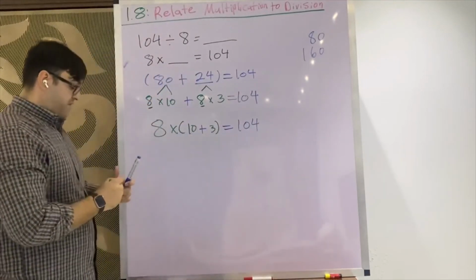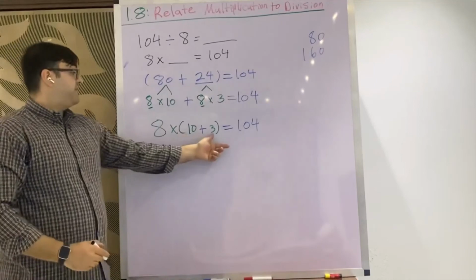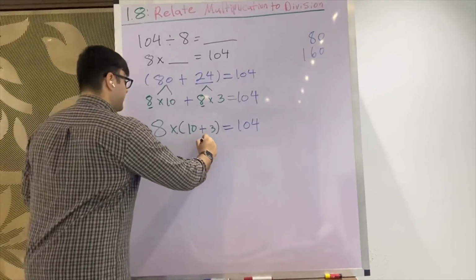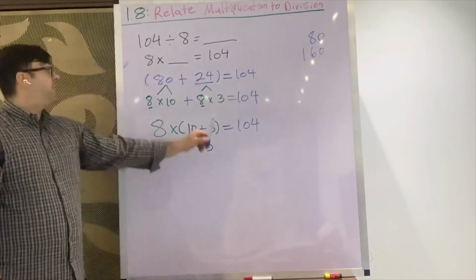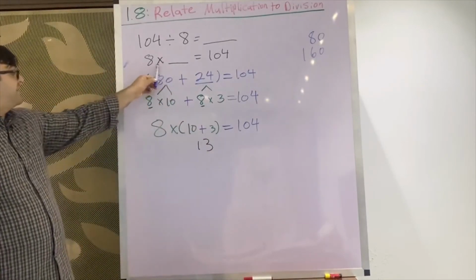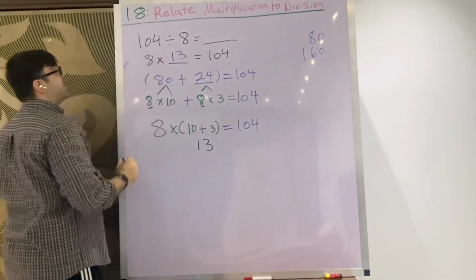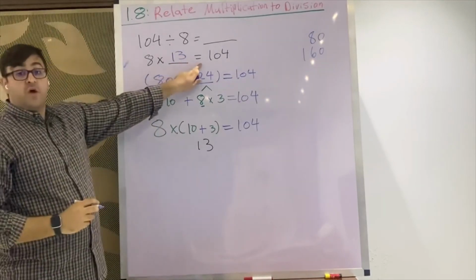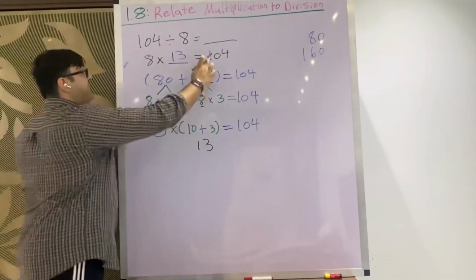And because we're all very good at basic math, we know that 10 plus 3 equals 13. So we go back to our original problem here. 8 times 13 equals 104. So if I have 104 and I divide it by 8, I have to get 13.